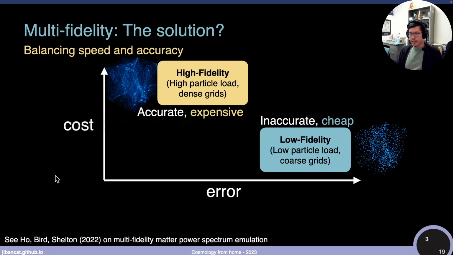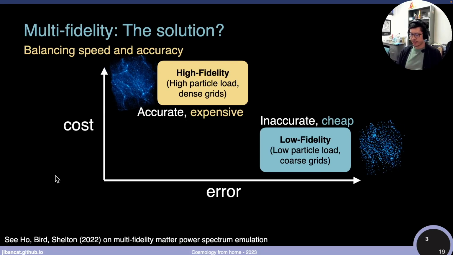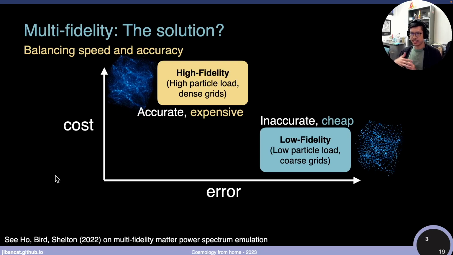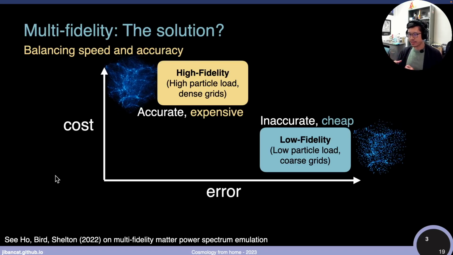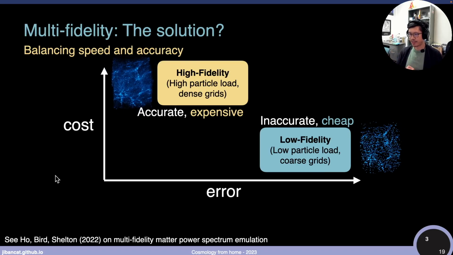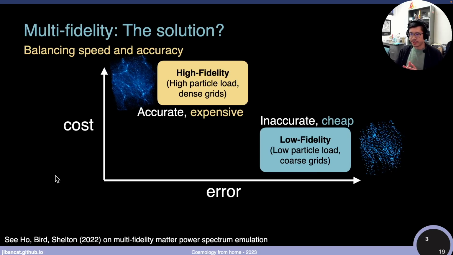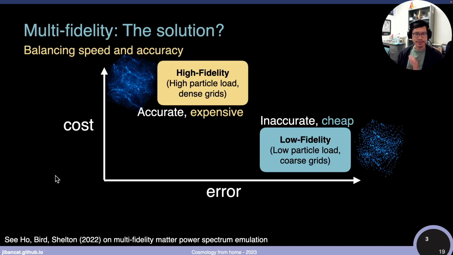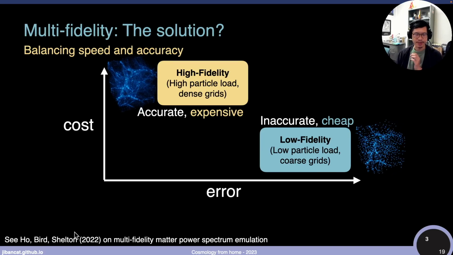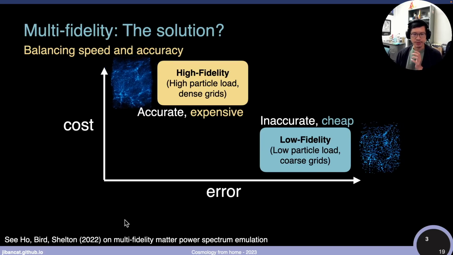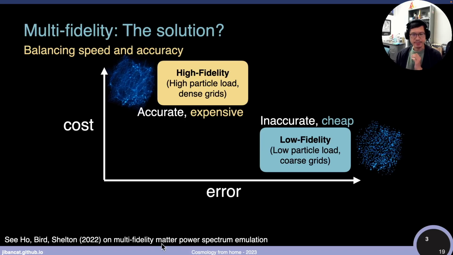So the problem we are facing is that the cost of running higher resolution simulations increases dramatically with the number of particles or grids, but we get almost the same large scale information. The way I answer this question is that we had a paper out last year on using a multi-fidelity method for the matter power spectrum.